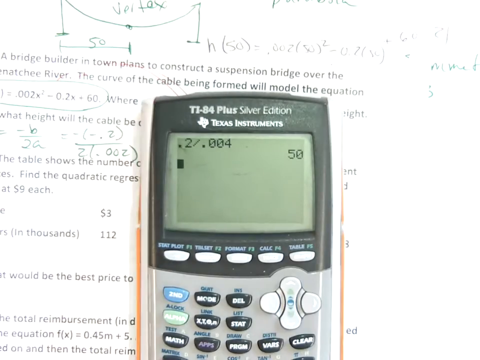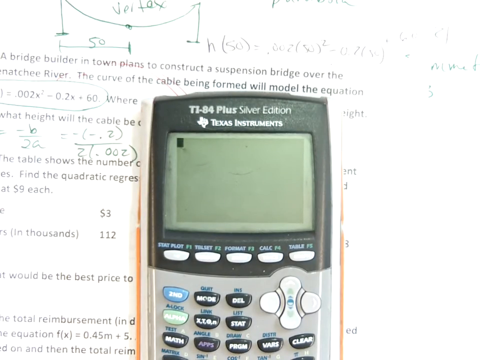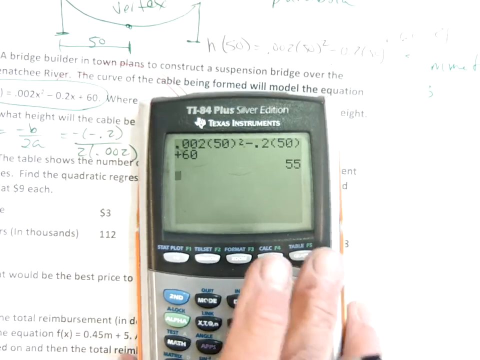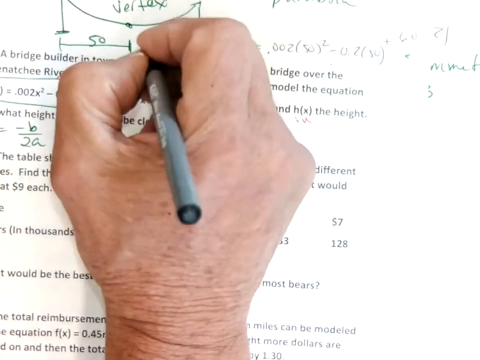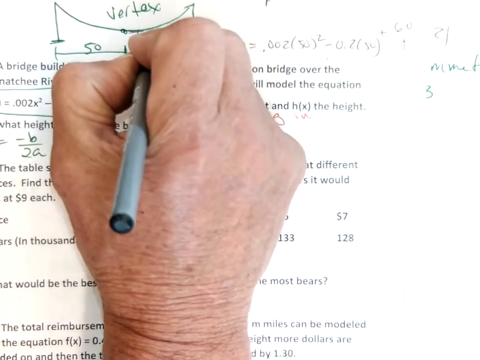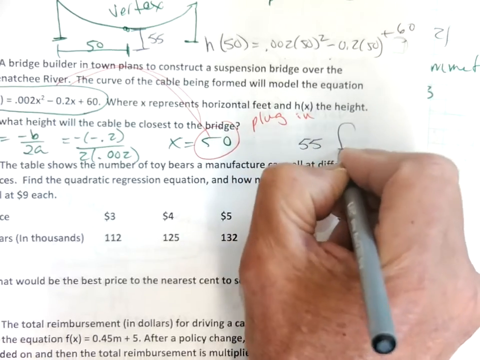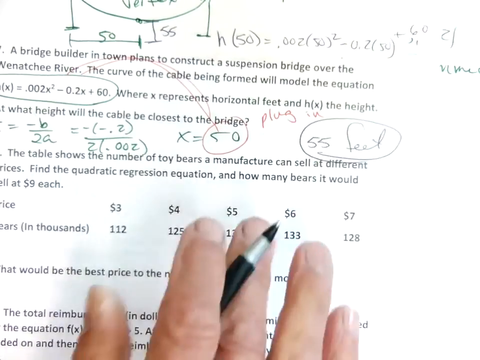Let's let the calculator do most of the work, and I get an answer of 55. So that means the height here is 55 feet. Okay.